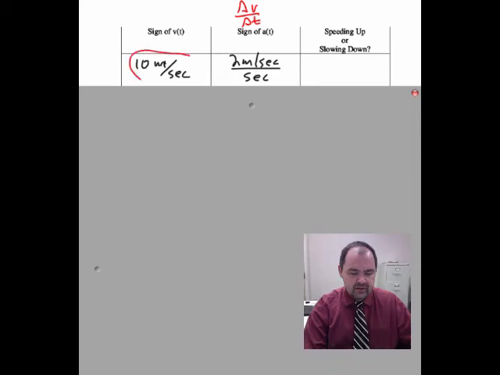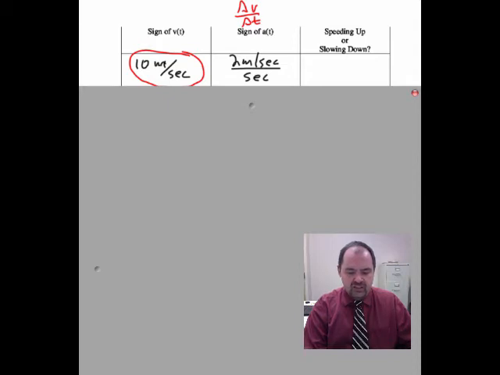Now there's an important relationship between velocity and acceleration. Remembering acceleration is the change in velocity over the change in time, let's take a look at that. If we are traveling at a velocity of 10 meters per second, keeping in mind that a positive velocity means that position is increasing, so my particle is moving towards the right, and my acceleration is positive here.